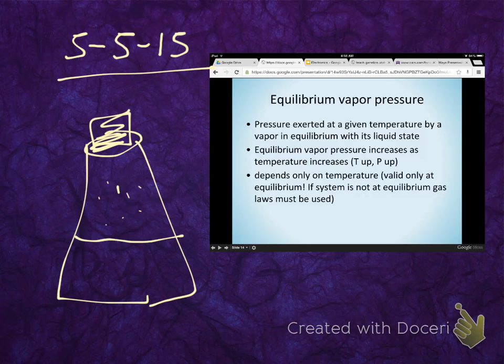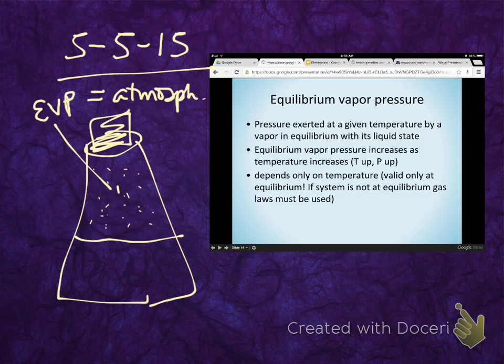Now, what I asked you as sort of a challenge question is, what do you suppose happens when the equilibrium vapor pressure equals the atmospheric pressure? What do you suppose happens at that point?